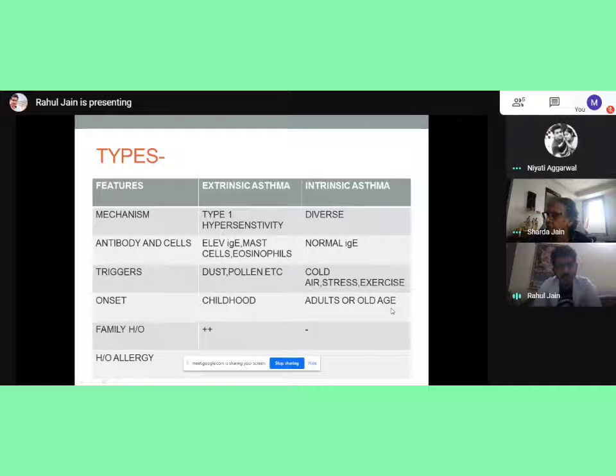These people who have extrinsic asthma will give a history that they have skin allergies also, or some other type of allergy. So our diagnosis gets confirmed, or it's an adjuvant to our diagnosis. And there is family history also, so even the father will have asthma, the child will also have asthma, and the onset is usually childhood.